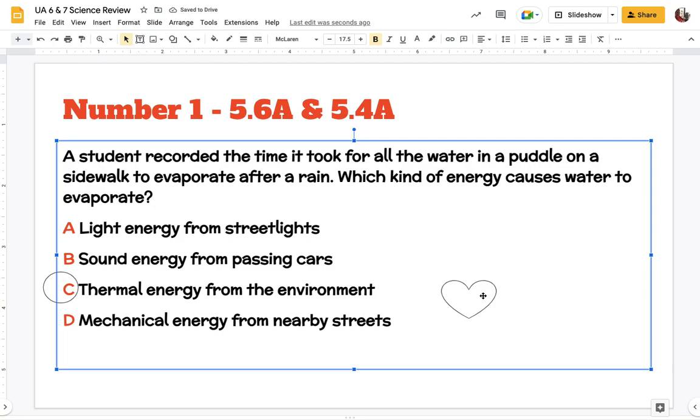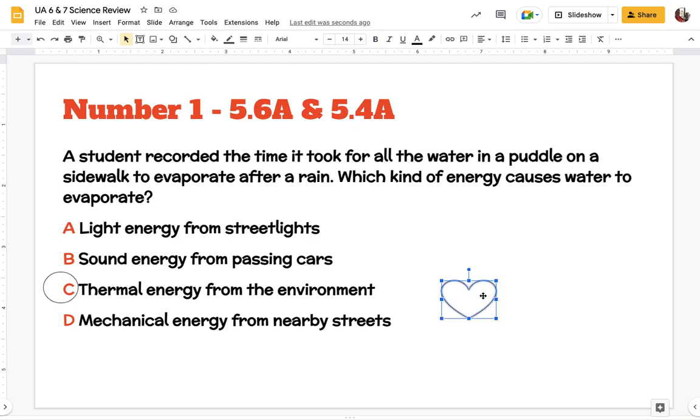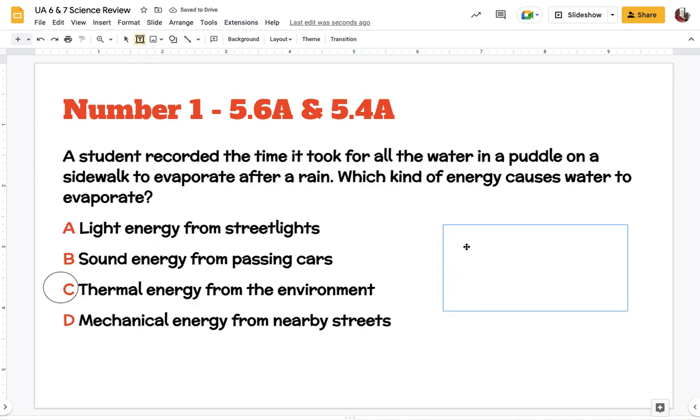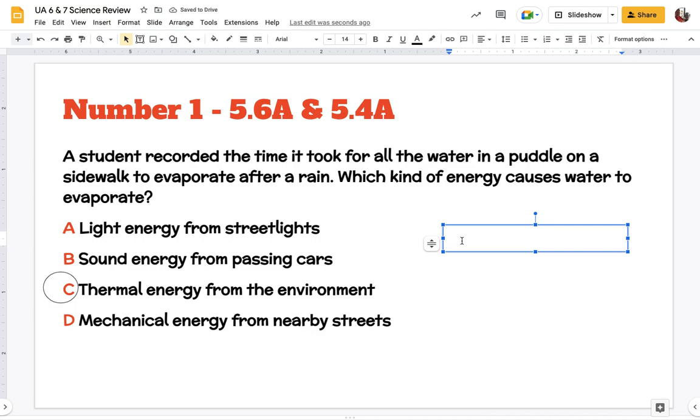And for your reasoning, you could sit back and you could come in here and type out, let me go ahead and do this. You could come over here and you could type, heat is what causes water to evaporate.